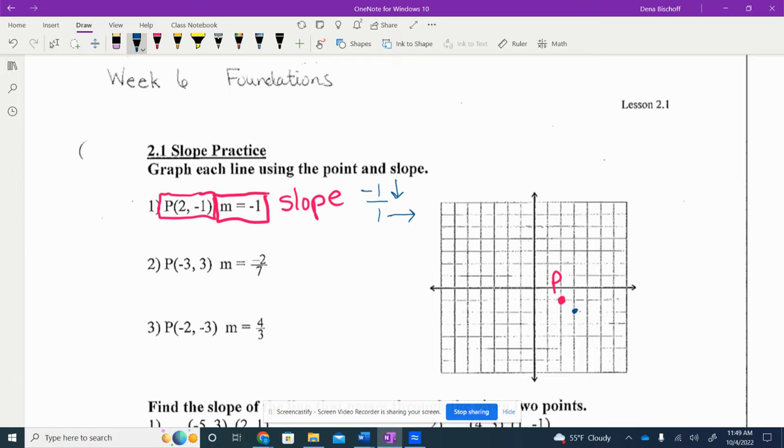And I'm going to do it again, down 1 and over 1, down 1 and over 1. You should always have 3 or 4 points plotted before you connect them with a straight line. So I'm going to call this line 1.